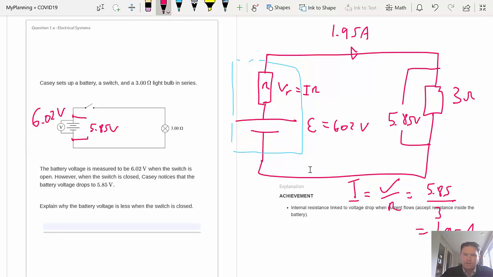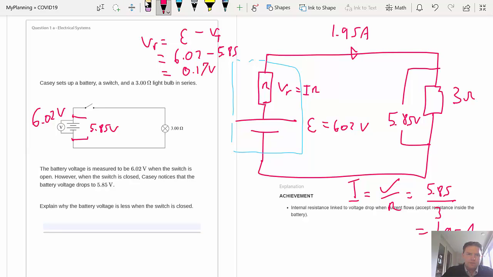So I know what that I is, and I know what this V_R is, because V_R is epsilon minus the terminal voltage. So 6.02 take away 5.85 gives me the voltage here, which is 0.17 volts.